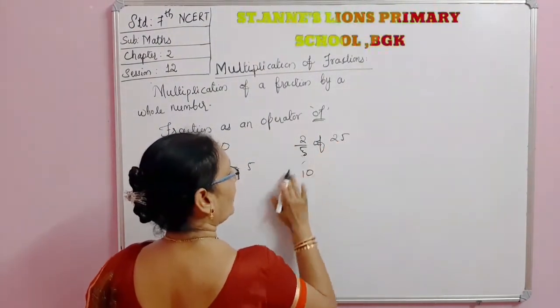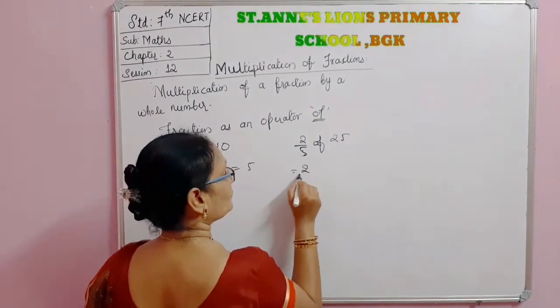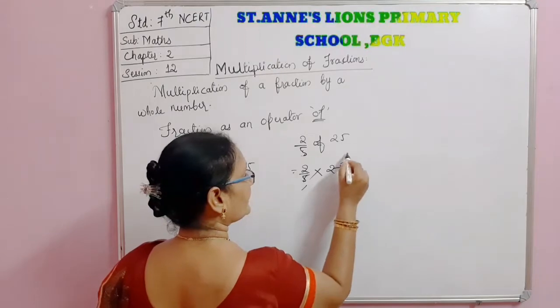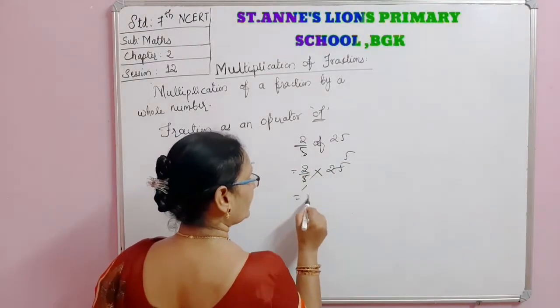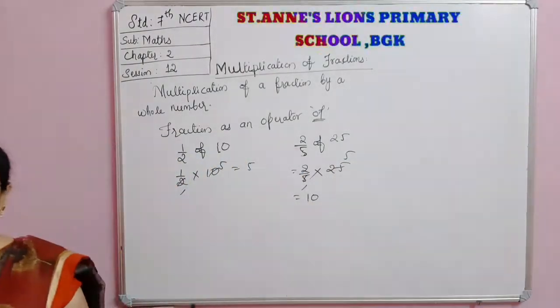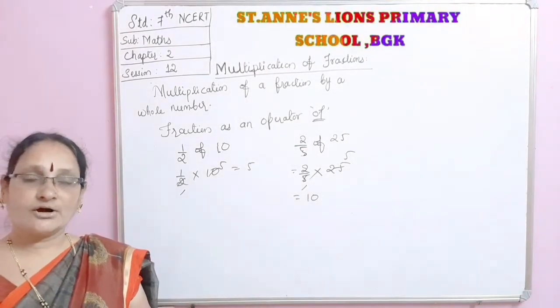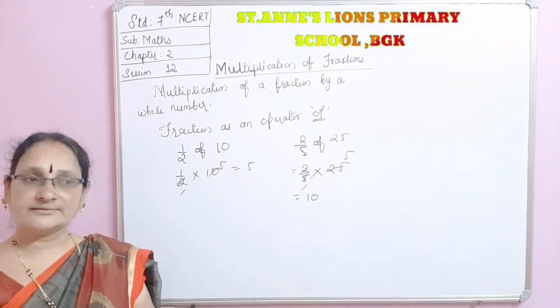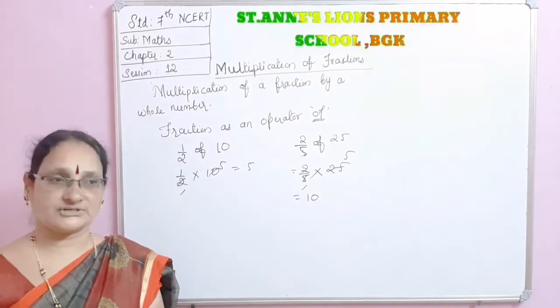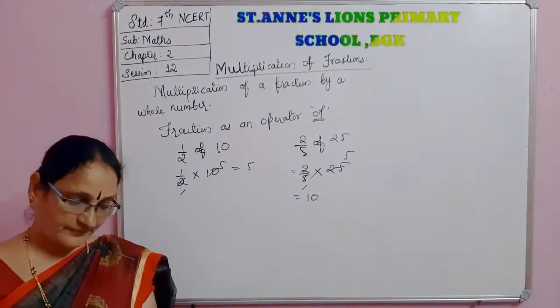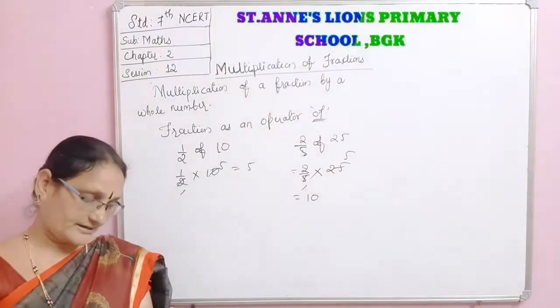See here, 'of' means what? Multiplication. 2 by 5 of 25 means 2 by 5 into 25. 5 ones are 5, 5 fives are 25, 5 twos are 10. So here 'of' is an operator, equal to multiplication. This is what you have to learn here.